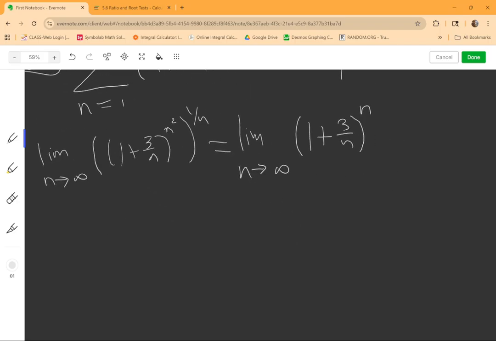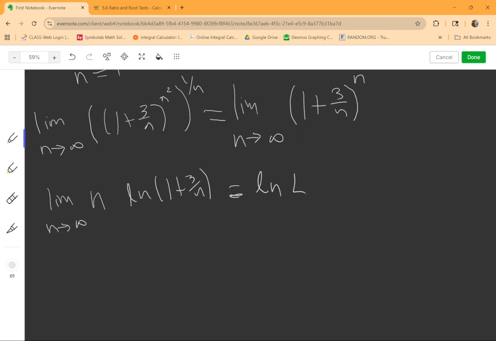All right, so looking at this here, I'm going to take a look at the limit as n goes to infinity of n times ln of (1 plus 3 over n), equals, say, ln of L. All right, and now rewriting it.